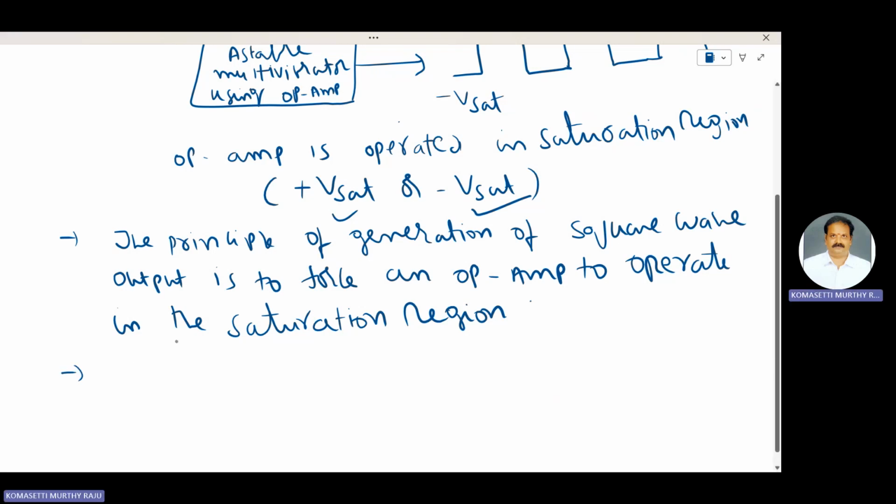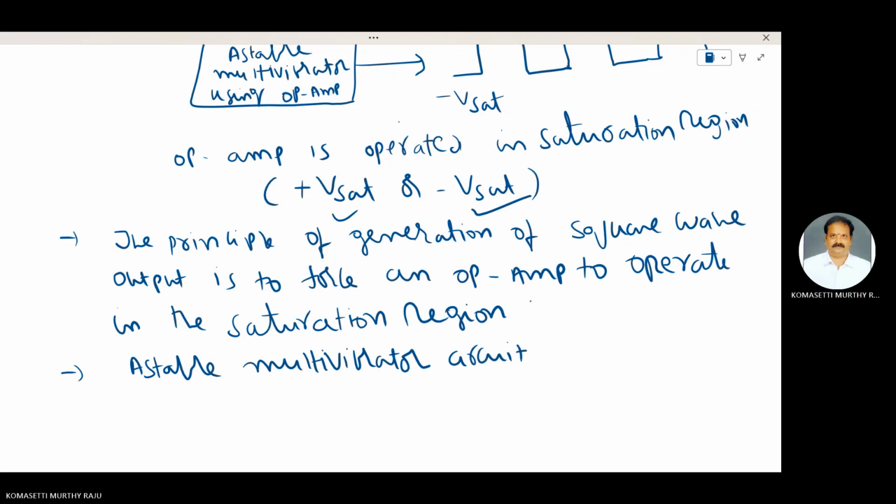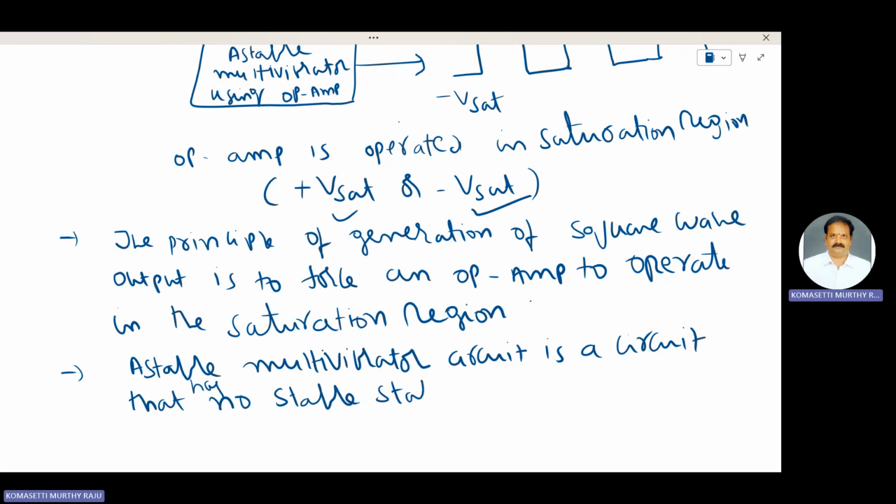An astable multivibrator circuit is a circuit that has no stable states.